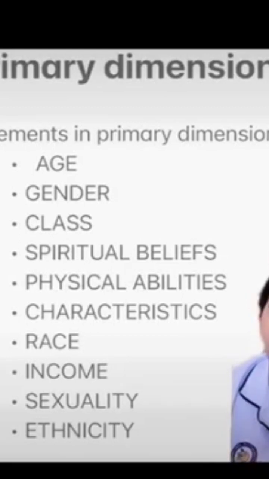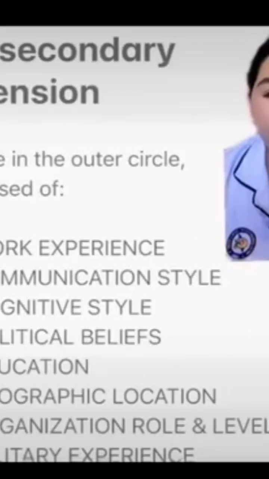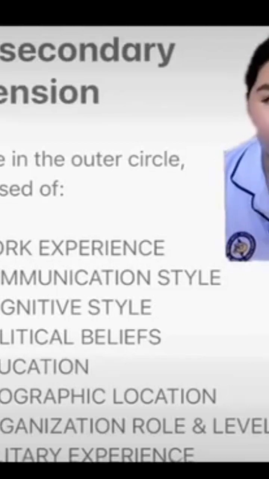Okay, guys, these differences are termed core dimensions of diversity because they exert an important impact on our early socialization and a powerful sustained impact on our experiences, values, assumptions, and expectations throughout every stage of our life. That is the primary dimension. And then the secondary dimension, these are in the outer circle composed of.